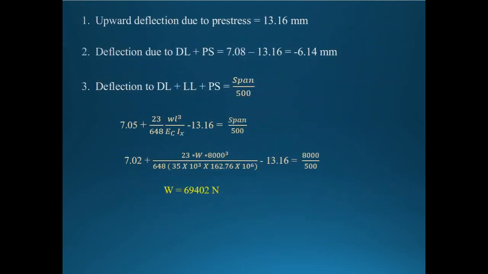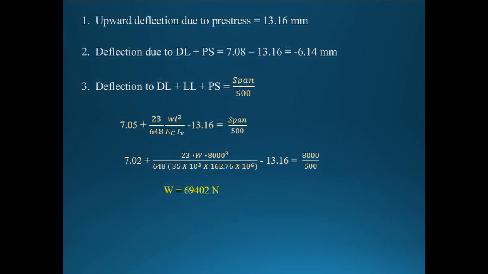Self-weight itself means dead load. Now deflection due to dead load has been calculated, deflection due to pre-stress is calculated, so add both the values. Deflection due to dead load is 7.08, deflection due to pre-stress is minus 13.16. We will get minus 6.14 mm as the deflection.